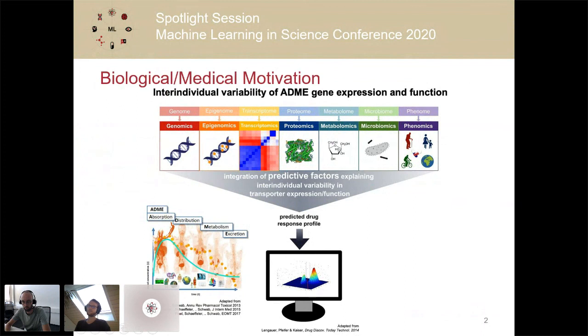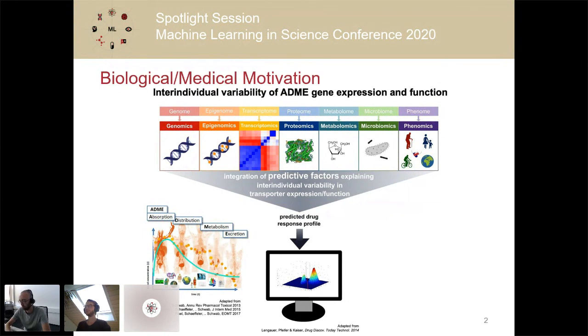The drug response of a patient, however, is highly affected by the so-called ADME phenotype of this patient. ADME stands for absorption, distribution, metabolism, and excretion, that you can see on the lower left part of this slide, and describes the 4 main stages that a drug goes through within a patient's body.